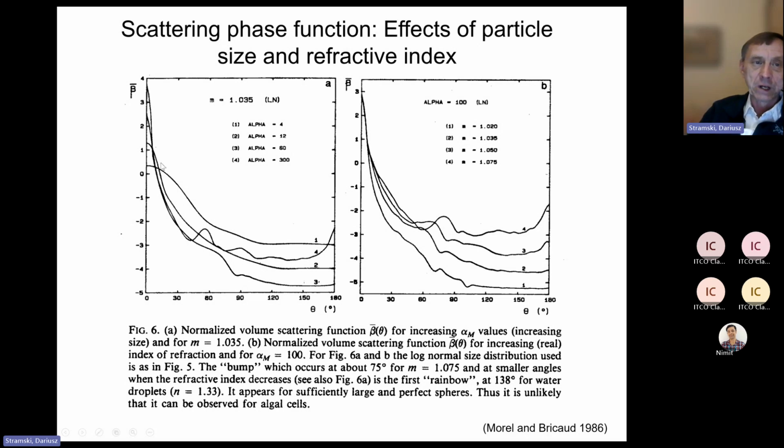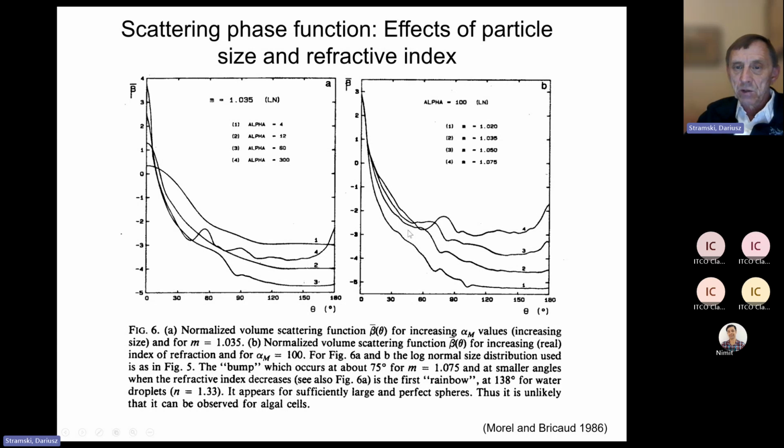So if particles are very large, then this diffraction lobe is very narrow, so the intensity of scattering is dropping very rapidly. If the particle is small, then you can see this forward diffraction lobe is wider. It extends to larger scattering angles. That forms one of the bases for inverse methods to derive particle size from forward scattering measurements. But this is beyond the scope of my lecture.